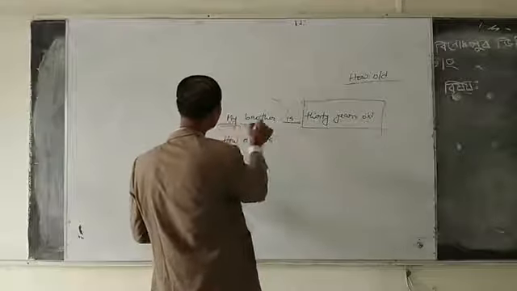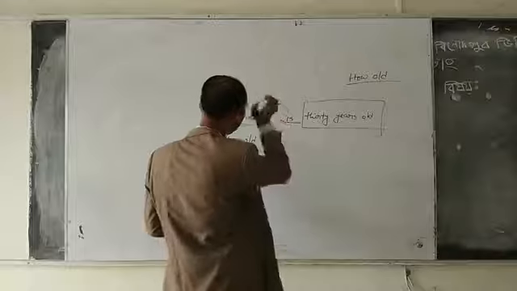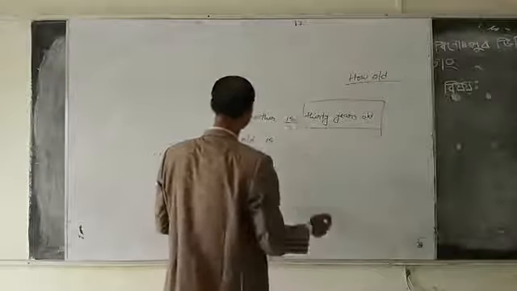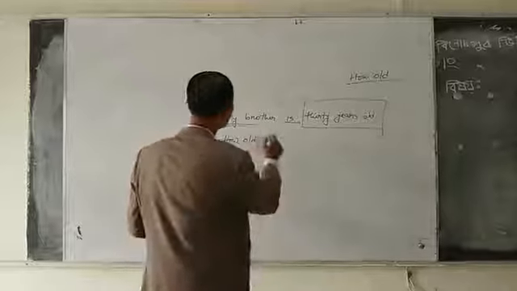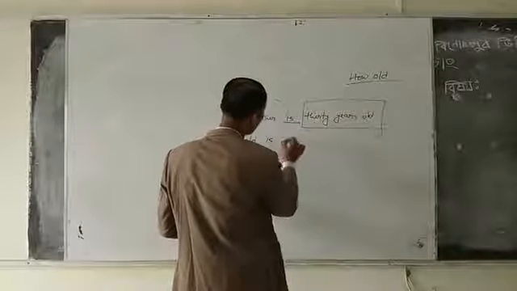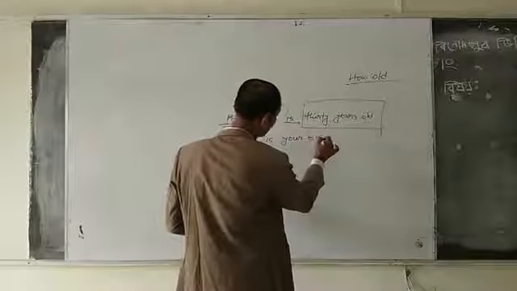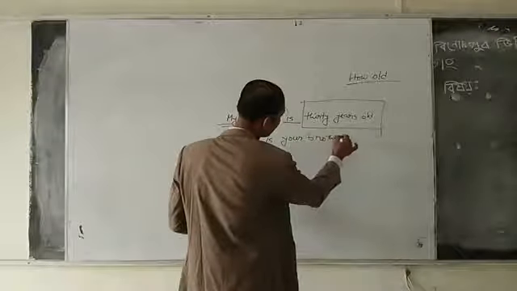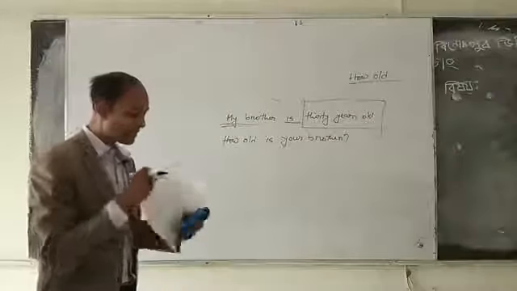My here is the possessive form, so I have to put the second person possessive form. How old is your brother? Okay, this is the right answer.